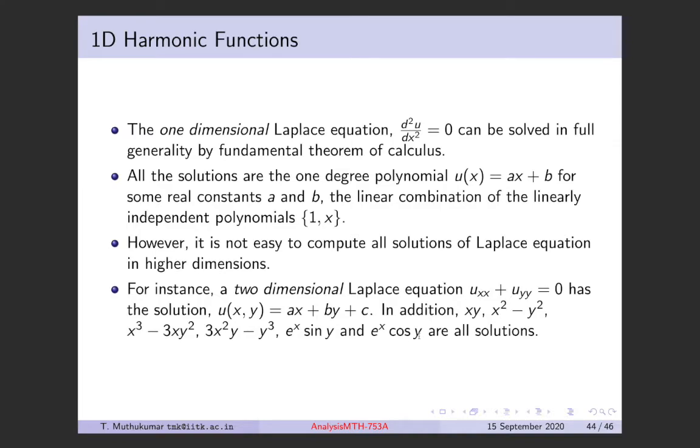And they cannot always be put in this format. So there are solutions which are not of this form, which are also harmonic functions. So it is different from the one-dimensional case. So is there a way to classify all the harmonic functions in two dimensions the way we did in one dimension? That's a natural question to ask.